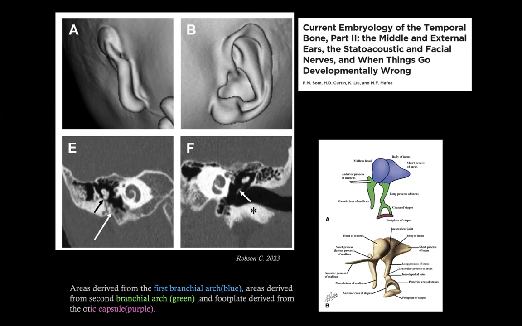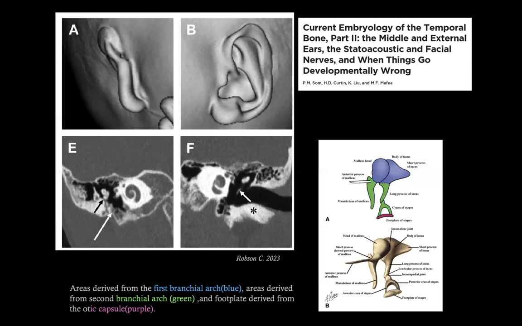So the inner ear, which is in the otic capsule, and the footplate develop separately. And although there is some overlap, it's very important that when you have an abnormality in the pinna, like in image A as opposed to B, you need to check carefully for middle ear abnormality. And you see here the abnormal ossicles, atresia of the external auditory canal, as opposed to a normal external auditory canal and normal ossicles within a well-aerated tympanic cavity.